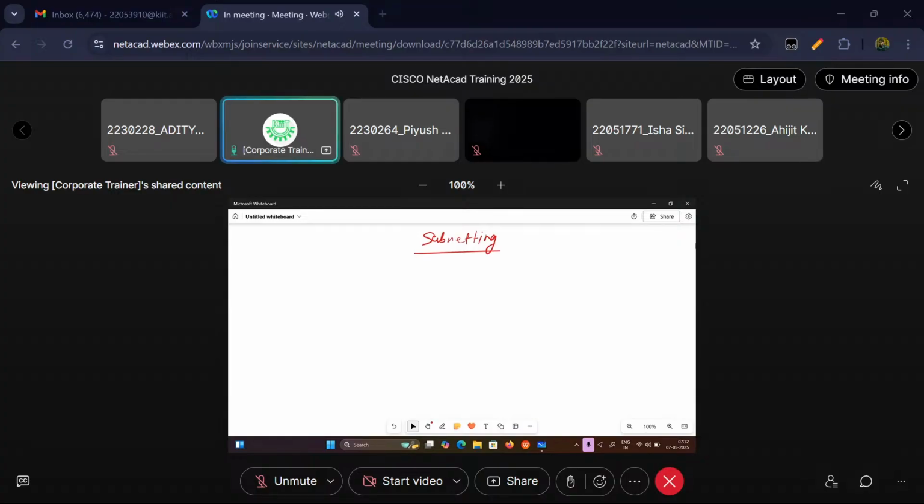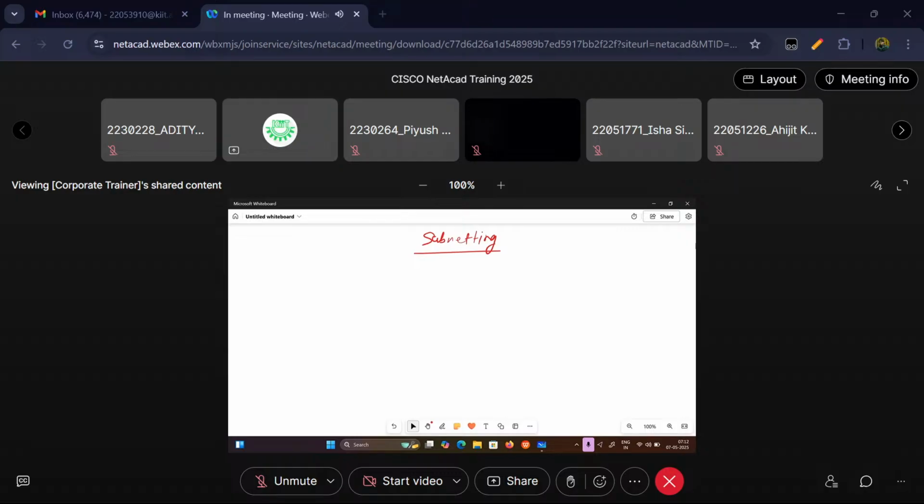Write another definition. Subnetting is the method of subdividing, dividing a network into two or more subnets, two or more networks, is called subnetting.